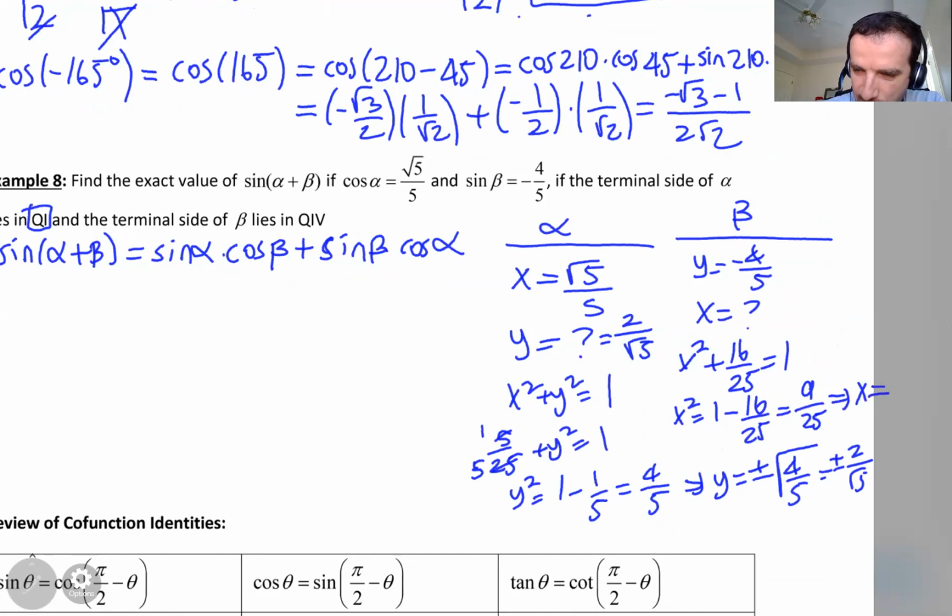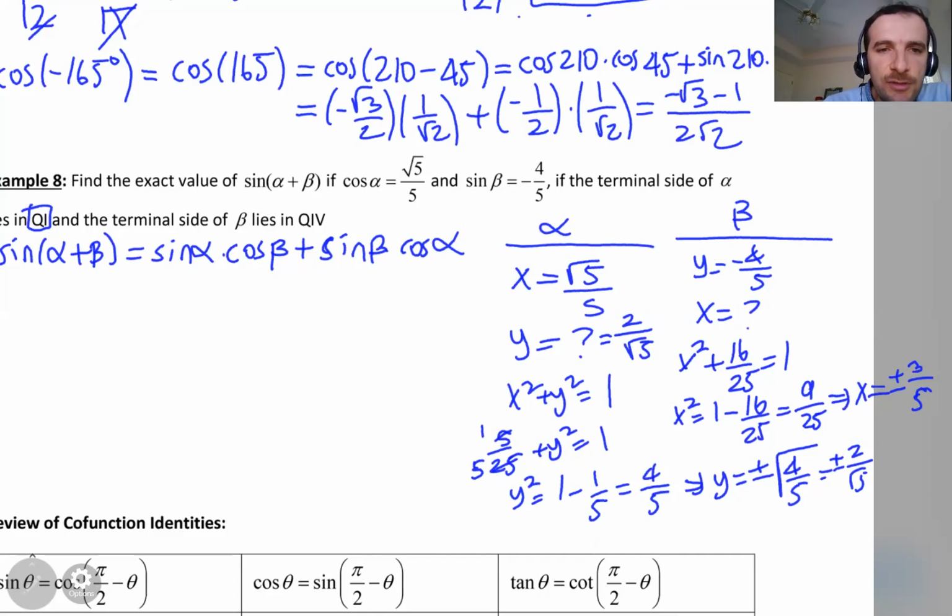I am out of paper, but I can do that. x is equal to plus or minus root 9 over 25, which is 3 over 5, right? Again, there we have two options. It is either 3 over 5 or negative 3 over 5.